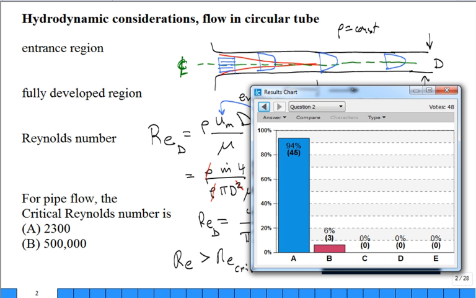It's the diameter. So the Reynolds number doesn't continue to increase as you go further down the pipe, does it? No. But it tells us, is that flow going to be turbulent or is that flow going to be laminar? And some books will have 2100, some books will have 2000, most books will have around 2300 for that critical Reynolds number.